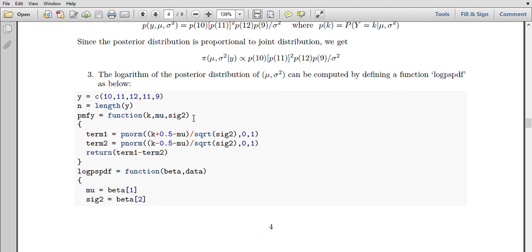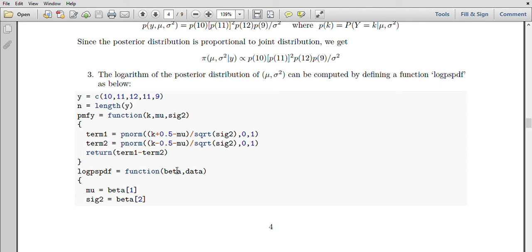So now let us proceed towards the computation of the logarithm of the posterior distribution. How can it be done? The logarithm of the posterior distribution is computed in the function log PS PDF. So log PS PDF is equal to function, and it has two arguments. The first argument is beta and the second argument is data.